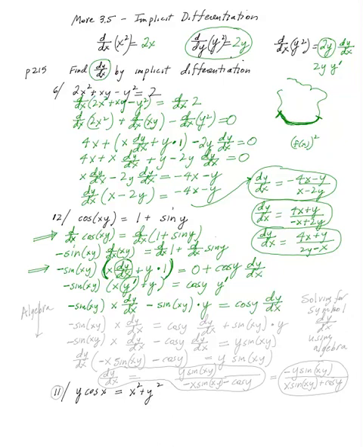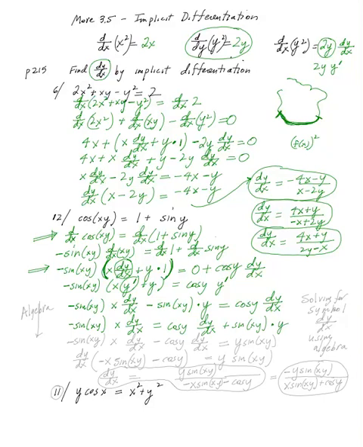I now want to write terms with dy dx on the left, terms without dy dx on the right. So I'll bring this minus sine xy times y over to the right. So I'll add sine xy times y.